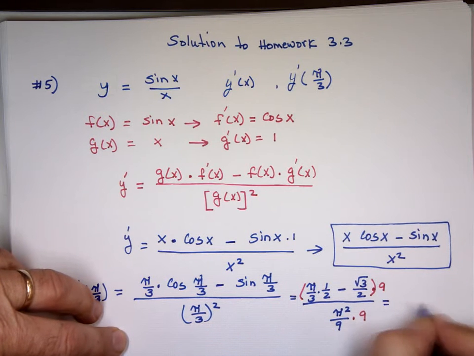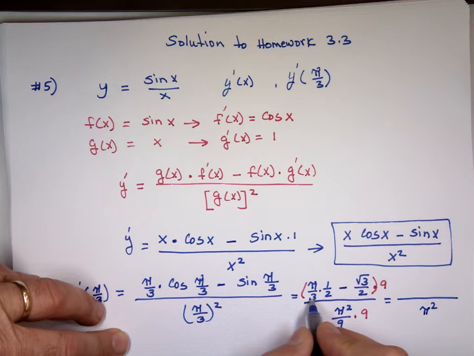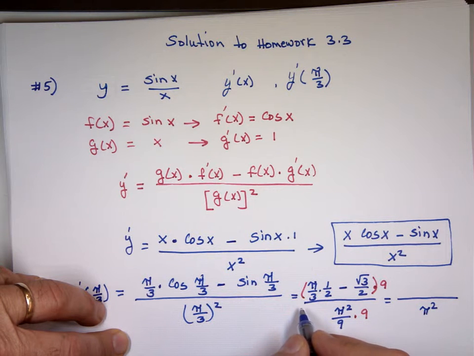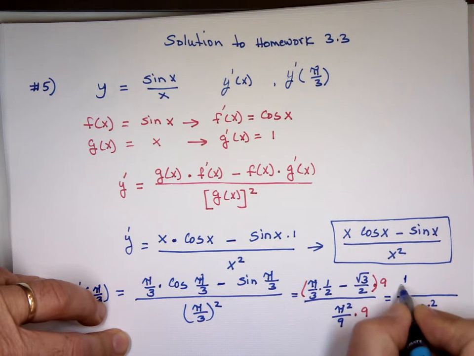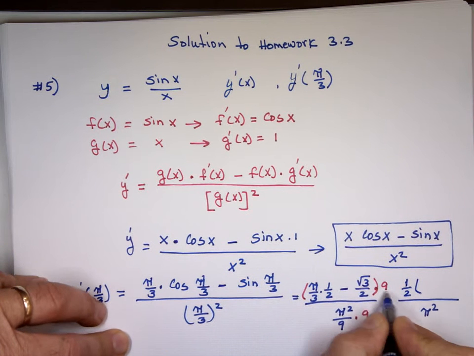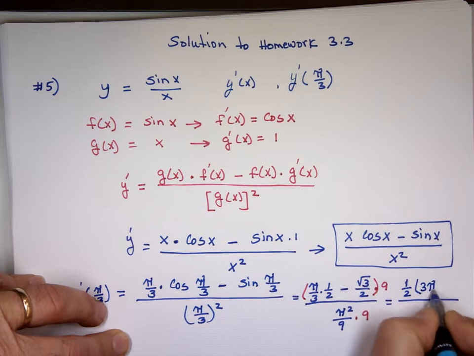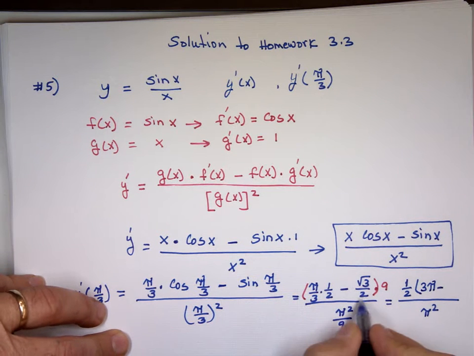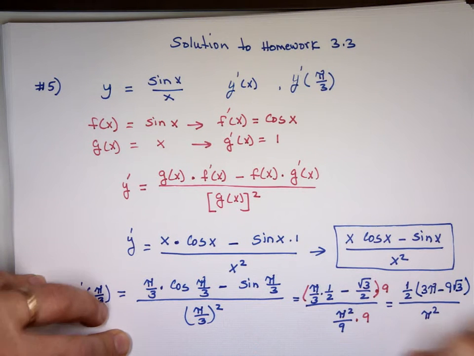If you multiply by 9, you'll have pi squared in the bottom. I could factor the 1/2 out of each one. If I take the 1/2, what is 9 times pi over 3? That's 3 pi minus, the 1/2 is gone, 9 times the square root of 3 in this case.